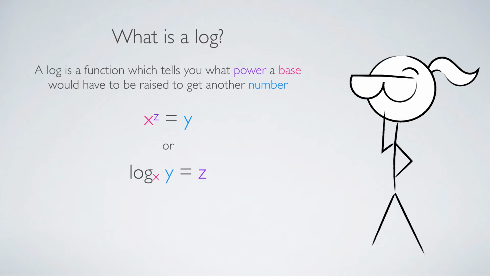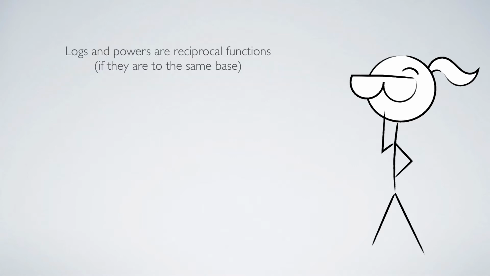This idea that logs and powers are linked is actually very fundamental. A log and a power are what we call a reciprocal function. In other words, if they are to the same base, then they cancel each other out. One does the exact opposite of the other. It's like adding 2 and then taking 2 away.